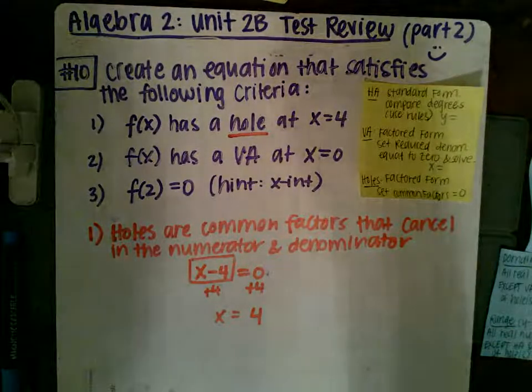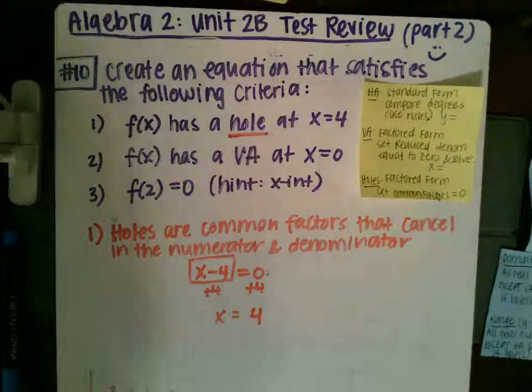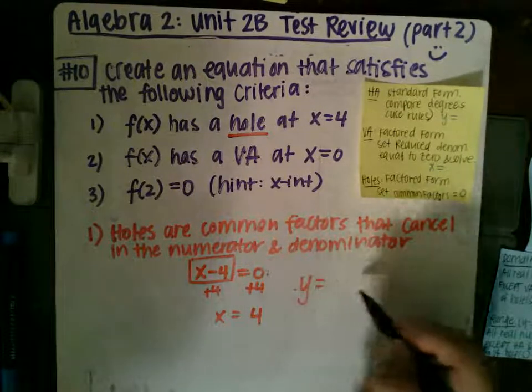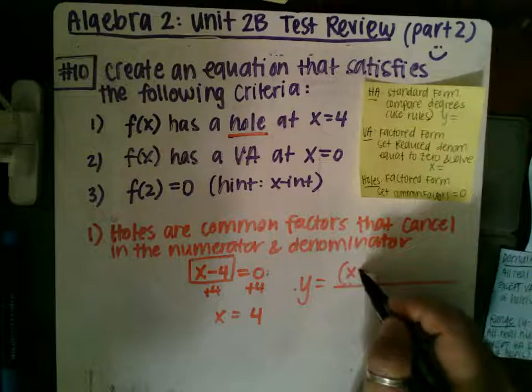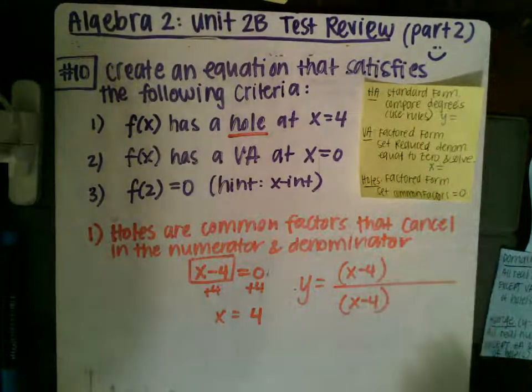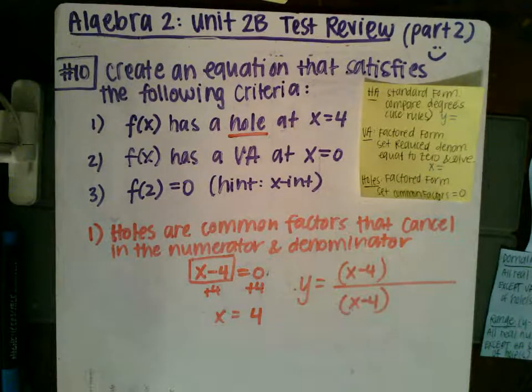I was working backwards. That's my factor that's going to go in the numerator and denominator. So far for my equation, I have y equals x minus 4 over x minus 4, because these are common factors that would cancel and give me my hole at x equals 4.